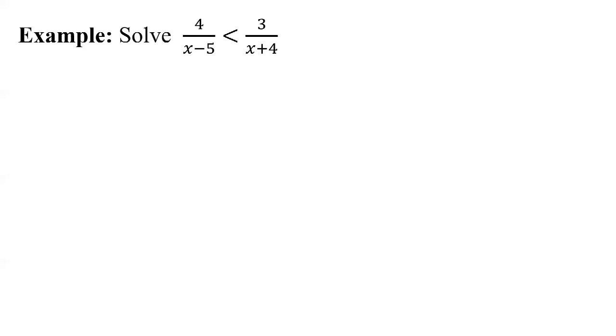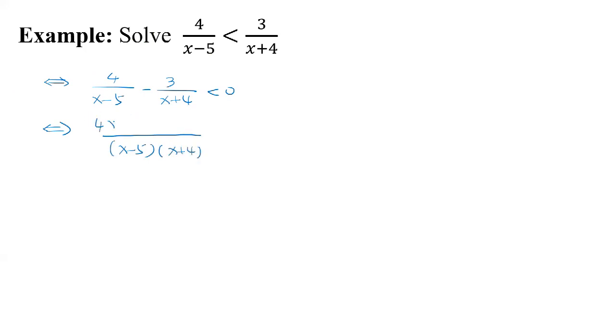All right, let's have a look at the solution here. All right, so we can move everything to the left-hand side first, right? So the original inequality is equivalent to 4 over x minus 5 minus 3 over x plus 4 less than 0, right? Okay, now let's rewrite the expression using the common denominator, which is x minus 5, x plus 4.